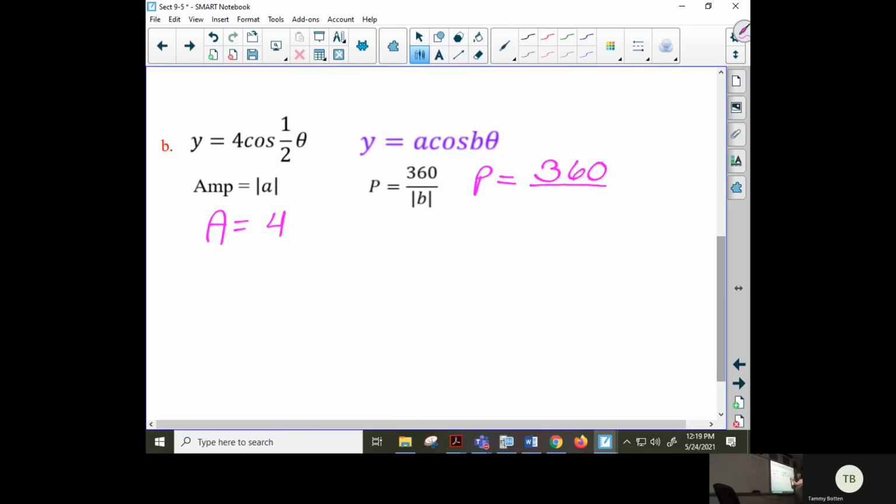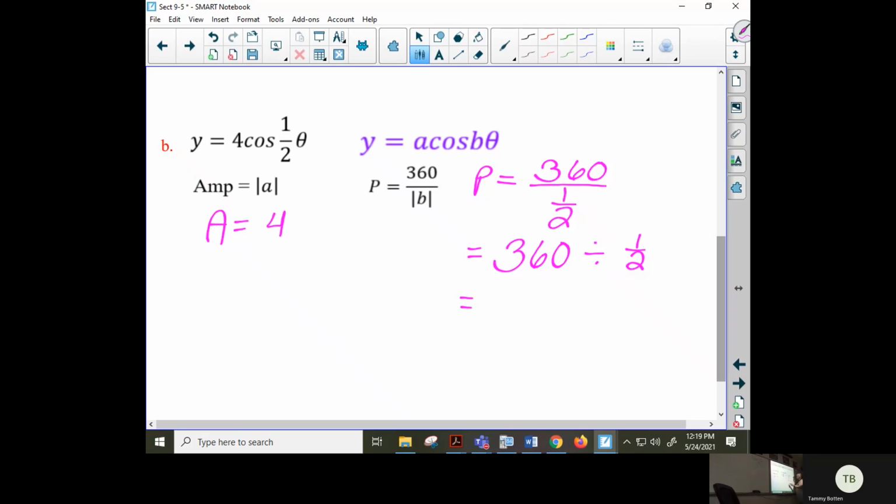Then to find the period, the new period, we take 360 divided by a half. Okay. Now, how I would think about this, if you're taking 360 divided by, you could just go 360 divided by 0.5. That'd probably be easiest. But sometimes you'll get like 1/3 too.